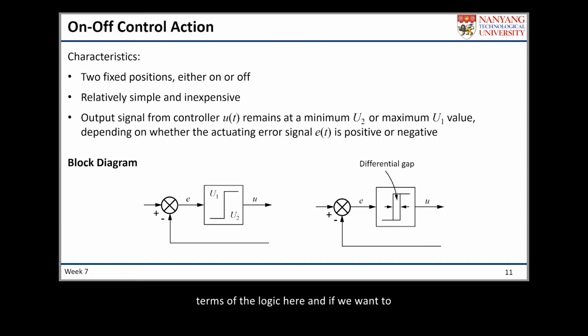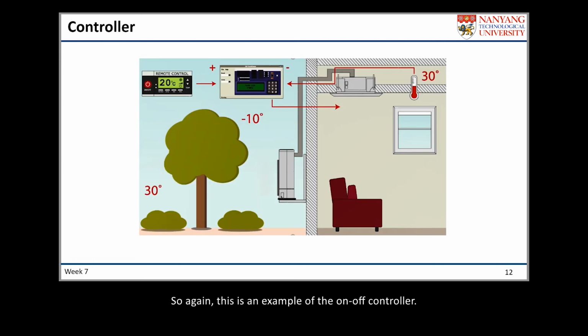And if we want to represent this kind of action in a more mathematical form, you can see it as shown in the block diagram of this slide. Let's discuss how this works from a mathematical point of view. Okay, so again, this is an example of the on-off controller.